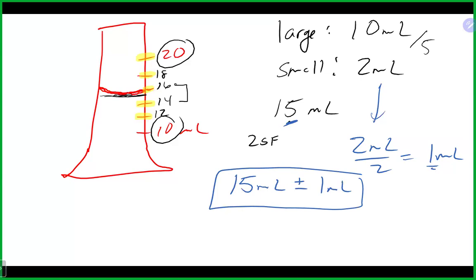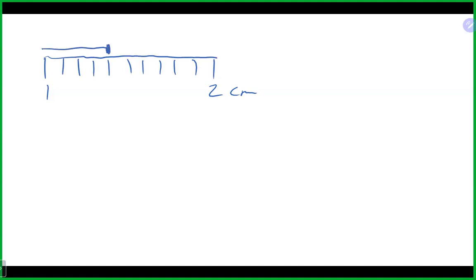Now, another very common error that people make is, we'll just go back to our original ruler. And let's just say my arrow was dead on that line right there. This is obviously the same ruler we used on the very first example.